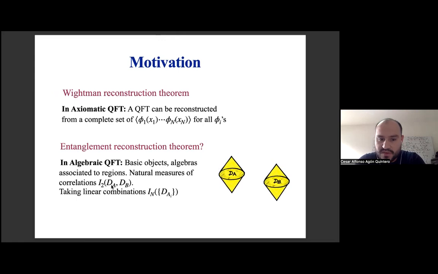So maybe the question will be if we know all the mutual informations for all sets of regions. In this case, the regions are really the causal completions of the space-like regions. And just by adopting this perspective, since we have n correlators of n operators, maybe by taking the mutual information you can also consider the n-partite information, which is precisely the object that I would like to talk about today. So this is the general motivation.